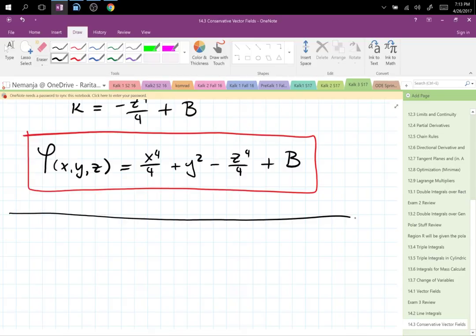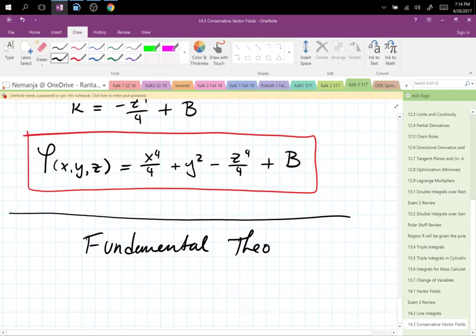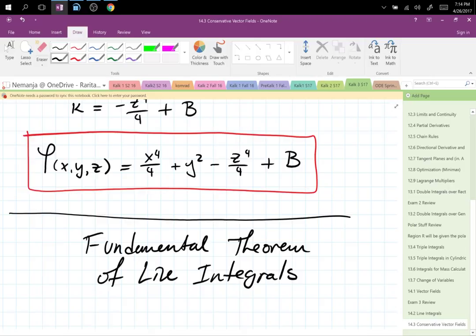We have a fundamental theorem for line integrals. Yay. You remember the fundamental theorem used to be F(b) minus F(a), right? The definite integral. Well, this is it just for line integrals.